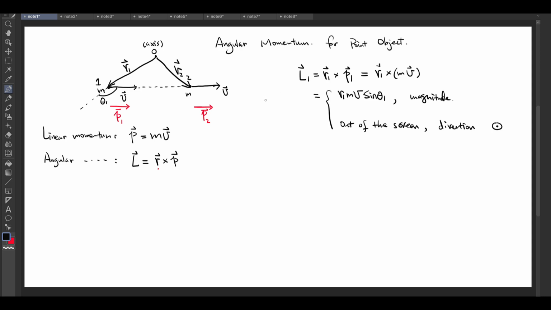Now let's look further at the magnitude of L1. R1 sine theta 1 is equal to R1 sine alpha 1, because sine theta 1 equals sine of pi minus theta 1, and pi minus theta 1 is alpha 1.